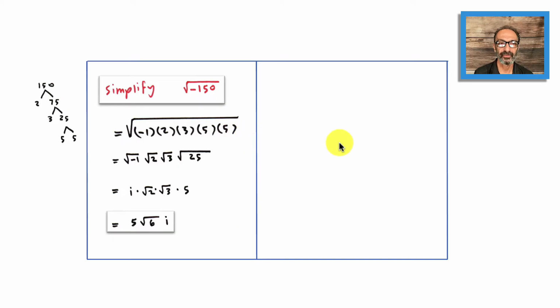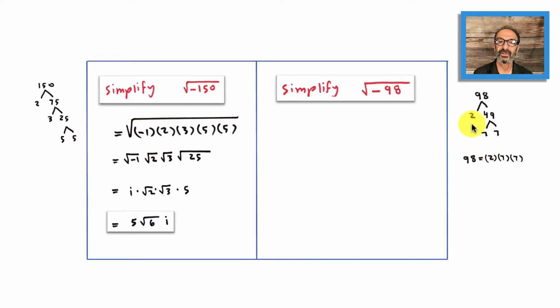How about the square root of negative 98? The negative is going to give me an i. 98, let's break it down here. And see, it's 2 times 49. I could stop right there and say 49 is a perfect square. I don't have to write 7 times 7, but just because my videos are lectures with notes and examples, I'm showing everything.